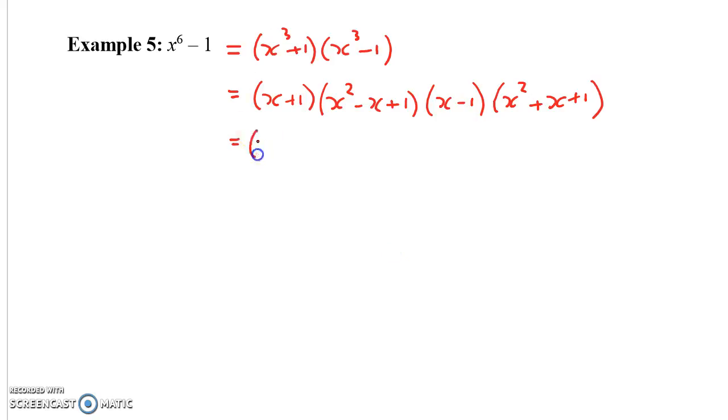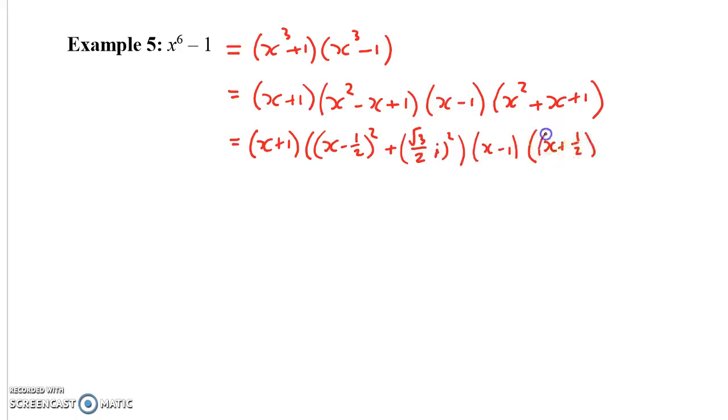So we've got x plus 1 times x minus a half squared plus root 3 over 2 i squared, and x minus 1 times x plus a half squared plus root 3 over 2 i squared. Alright, and that becomes, let's put the two real factors first.